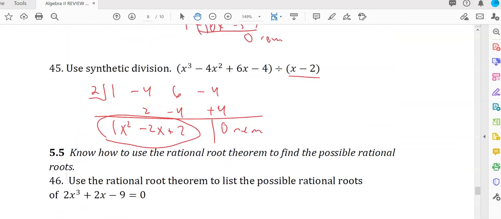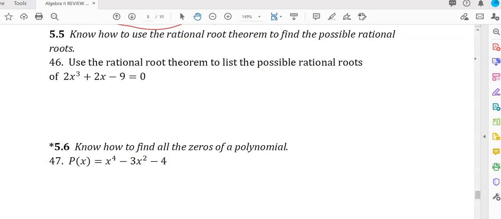List the possible rational zeros here. So factors of 9. So 1 and 9, plus or minus 3 and 3, plus or minus, all over factors of 1 and 2. That's the factors of the first term. So we're using this term and this term. So that translates to every possible fraction.